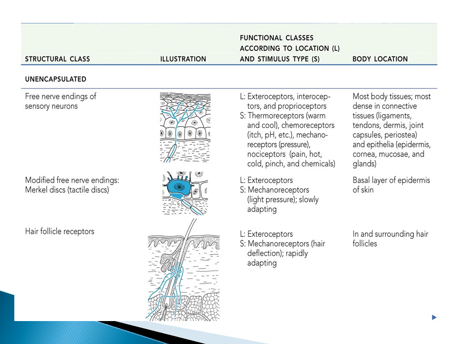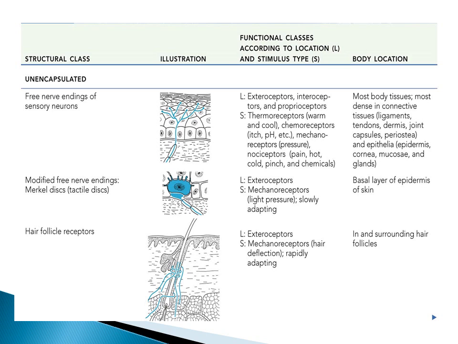In addition to free nerve endings, we have modified free nerve endings, the most abundant of which is the Merkel's tactile discs. Merkel's tactile discs are located on the exterior of the body, and are mostly responsible for our sensation of light touch.